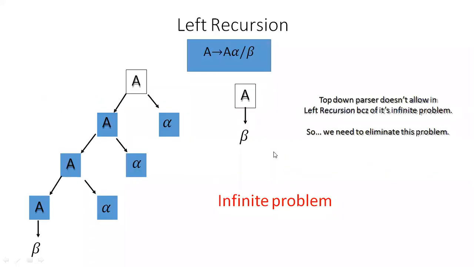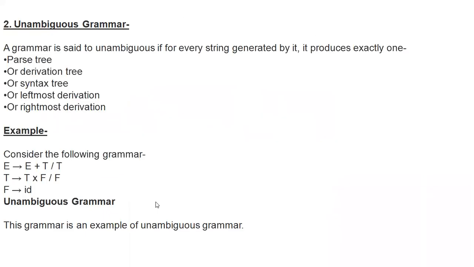And see the grammar. F tends to ID. F is directly defining an ID. This rule does not consist of any left recursive problem, so directly we are writing F tends to ID. So finally, after eliminating the left recursion from this grammar, we are getting 7 rules.